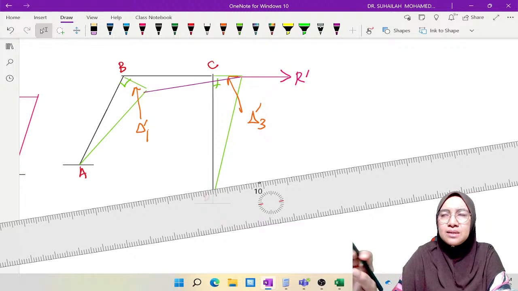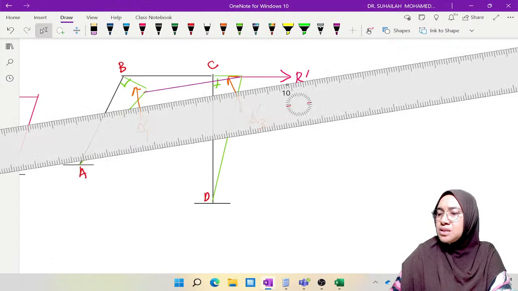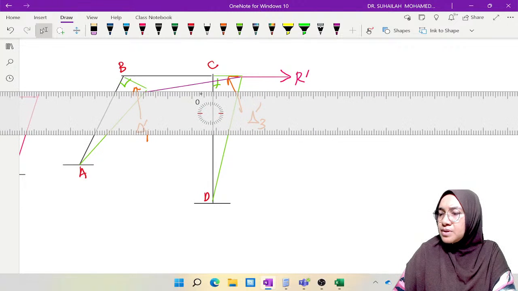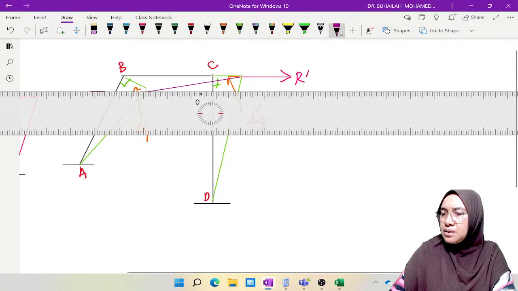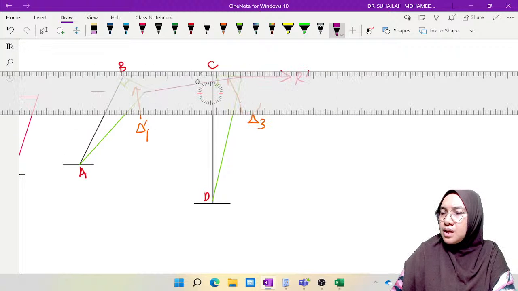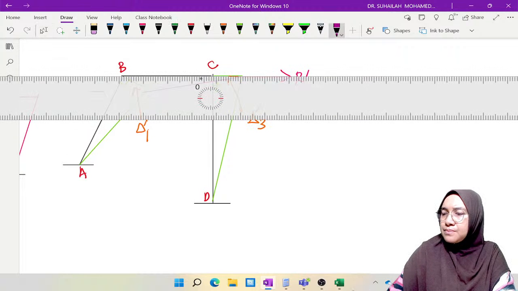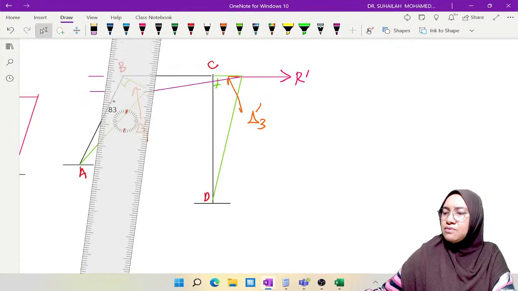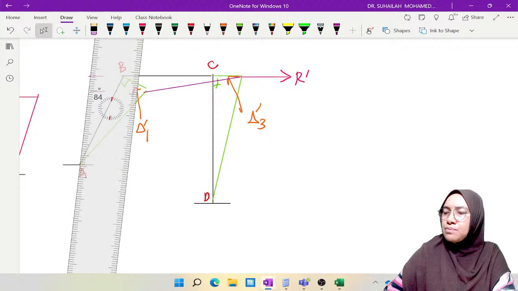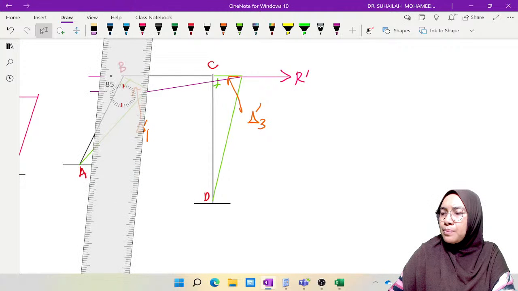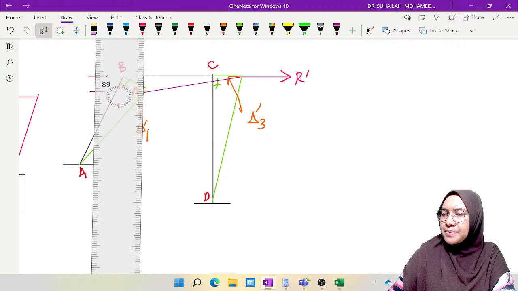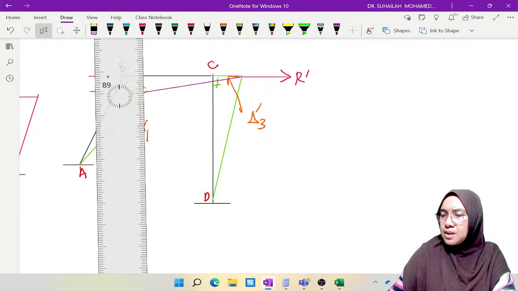And there is the vertical distance. We measure from the vertical, which means the vertical distance from the lowest delta 1 position, which is B prime, until C prime.